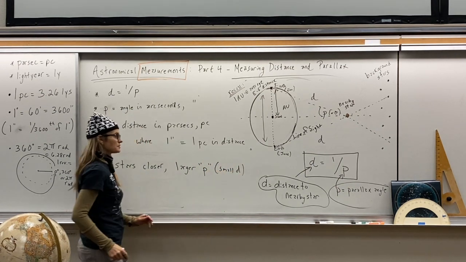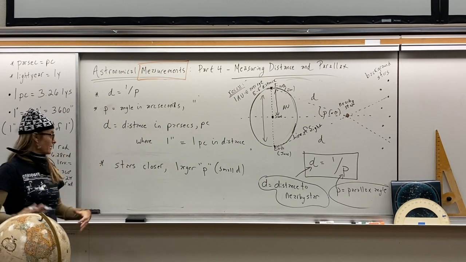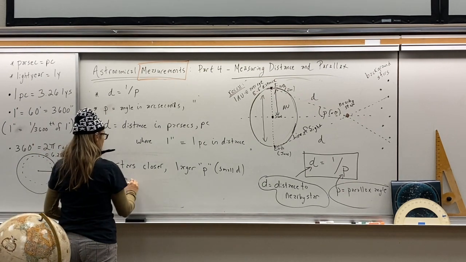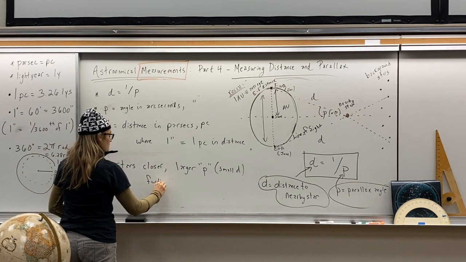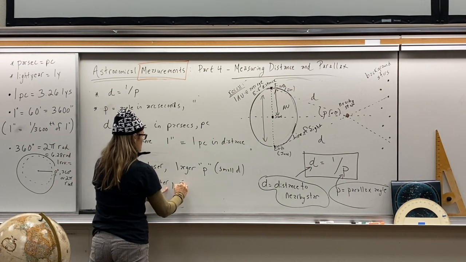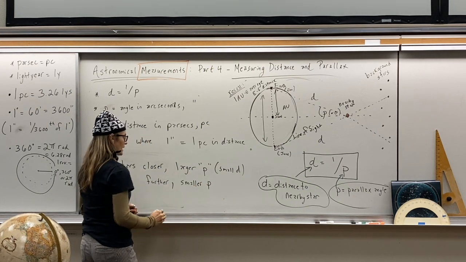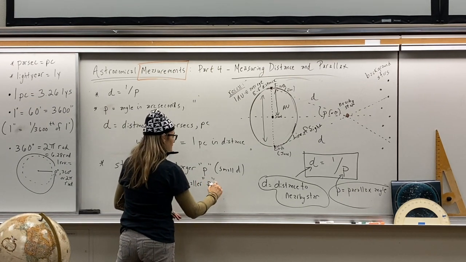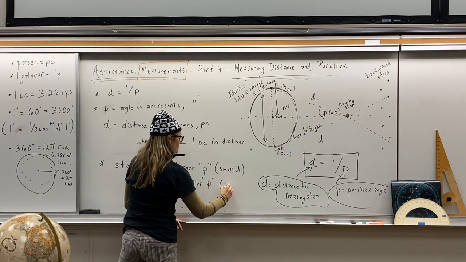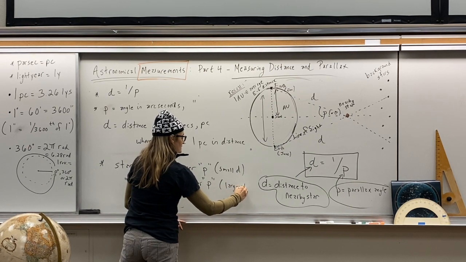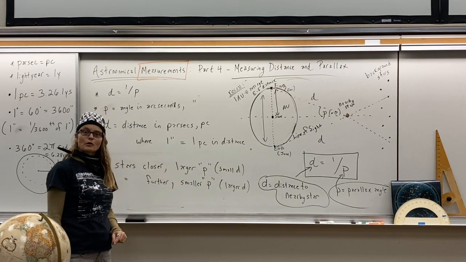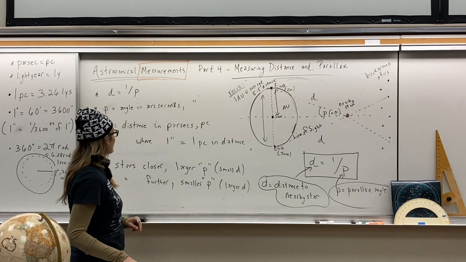We like those. Those are ones that we can build on. And then, of course, for stars further away, the opposite happens: smaller p and larger distances.